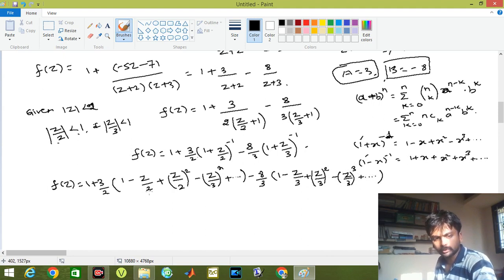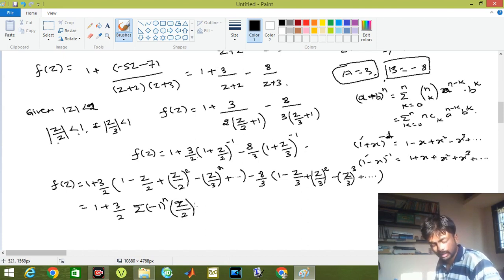Now, how to write this expansion? This expansion can be written as a summation of, since we have plus and minus alternately, minus 1 power n, and z by 2 is common everywhere, so (z/2) whole power n.